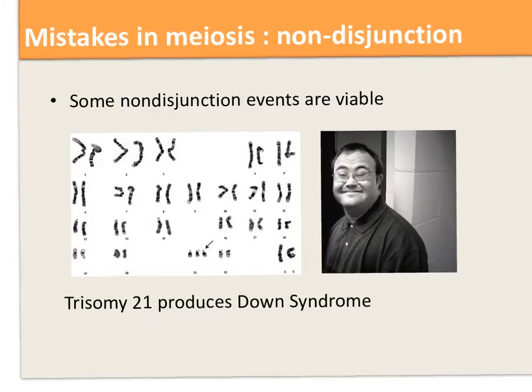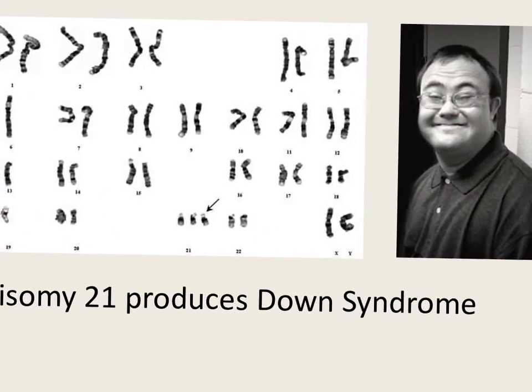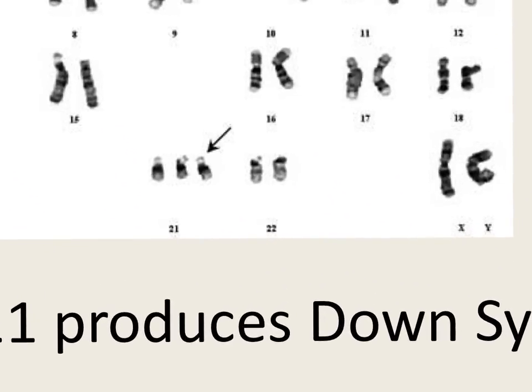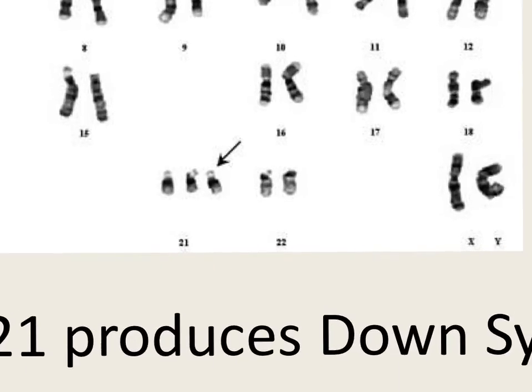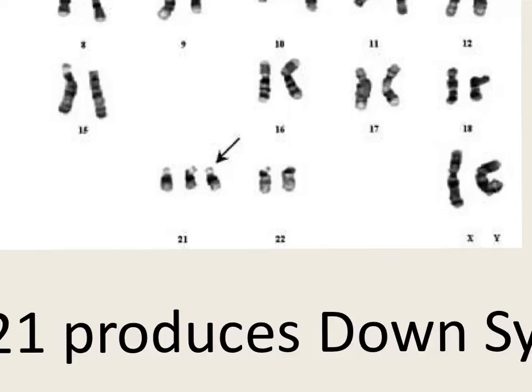So here's 21 down here. And during meiosis, he ended up with 3 copies. Okay, an extra one. Now, if it had just been 1 copy instead of 2, it would have been lethal right off the bat.